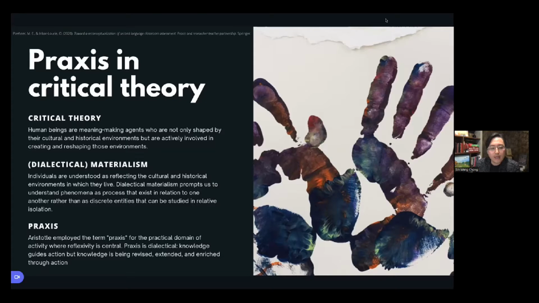And critical theory is underpinned by this notion of dialectical materialism, which focuses on the environments as well. So looking at phenomena, looking at environments as things or processes that do not exist in isolation, but are processes that interact with each other as well.